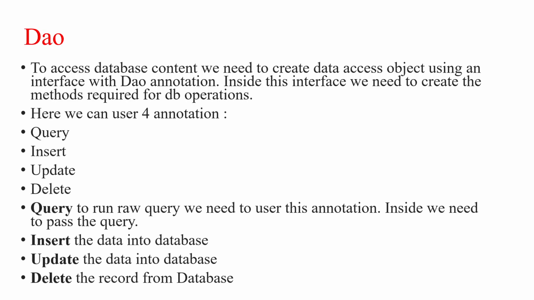In DAO, we use the four annotations which are Query, Insert, Update, Delete. Okay. To run a raw query, we need to use the Query annotation. Inside, we need to pass the query. Okay. Second one is Insert, to insert the data into the database, Update, to update the data in the database, and last one is Delete, to delete the record from the database.